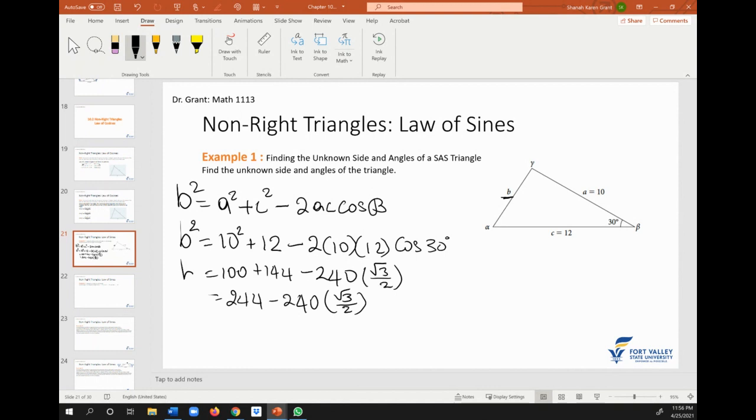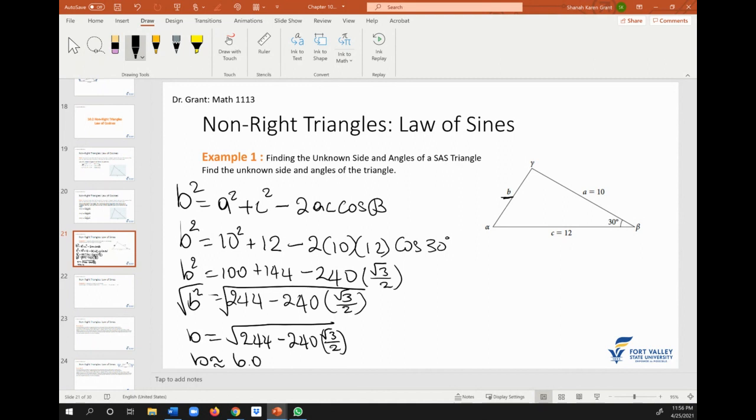This is b squared, so of course, we take the square root of both sides. And so b equals the square root of 244 minus 240 times root 3 over 2. If you plug this in your calculator, you'll get that b is roughly 6.013.